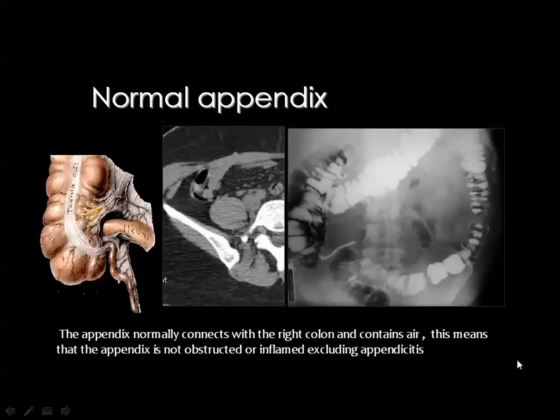In the early days of barium studies, we usually gave the patient oral barium and imaged the ileocecal region 3 to 4 hours after barium intake, looking for the appendix to be filled with barium like this. But many times the appendix fails to fill with barium, and this was not a sign of appendicitis, for example.